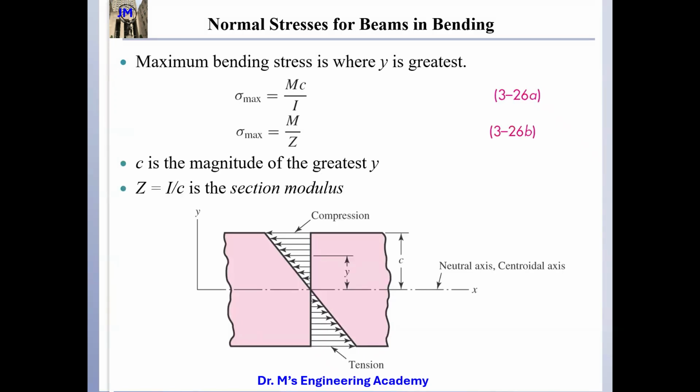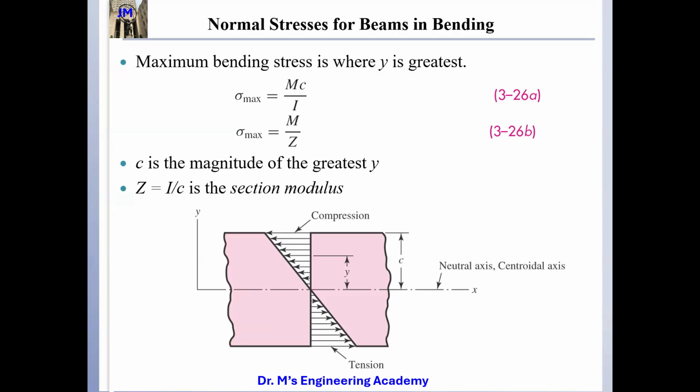So maximum bending stress. We have the equation sigma equals negative M y divided by I. And then what is the maximum? Maximum means when y equals the maximum.